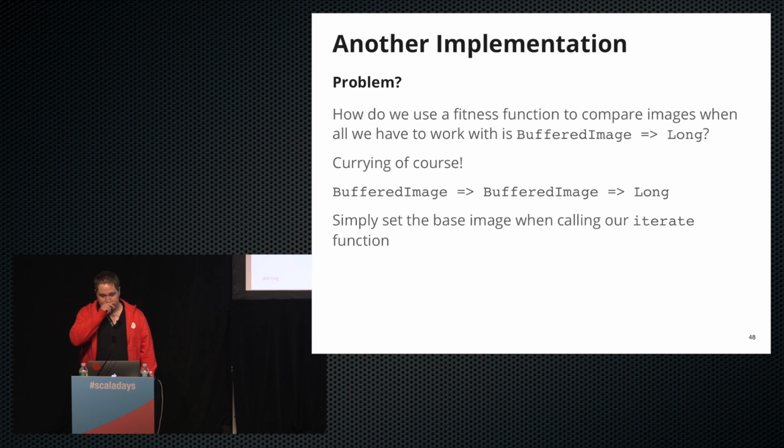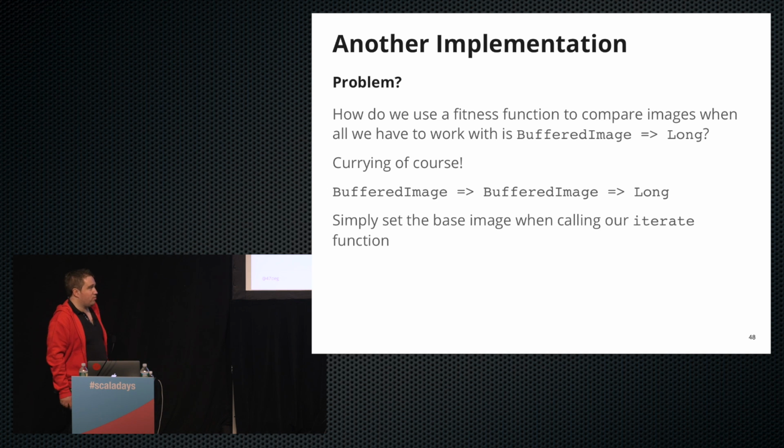But regardless of the efficiency of this, we still have another problem: the parameters to our iterate function don't compare things to themselves. It's literally A to Long, so in this case, BufferedImage to Long. So there's a bit of a problem here, in that we need more information.